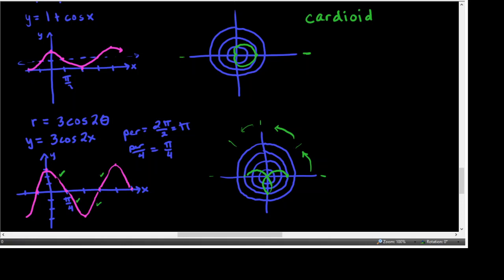And then at the next mark, 5 pi over 4, which is right here, the last one I graphed to the right over there, we're back to 0. And so it comes back around like this. Okay. Now, and that gets us that part.